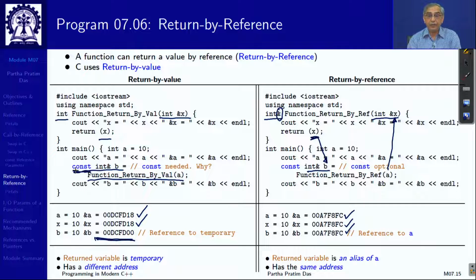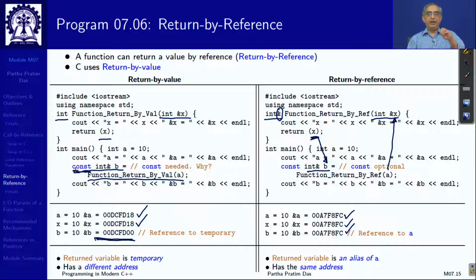Now, the question is here you will note that I have written const. Why did I write const? For the same reason, that if I am defining a reference and my initialization is an expression, then the value of the expression is a temporary, which will not be stored otherwise.